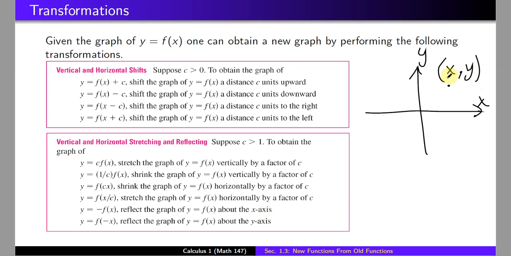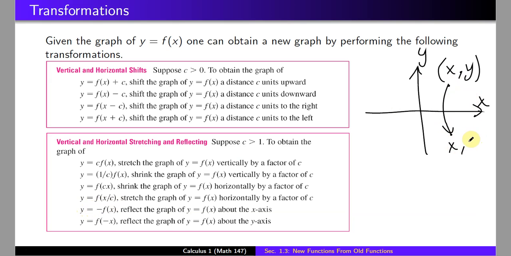What do you have to do to this coordinate? Well, you have to change the signs of the y's. Well, that's what this is doing. If you put a minus sign out front of the function, that's changing the signs on the y's, because remember, f of x represents y. So you're changing the signs of the y's, and then that's going to reflect over the x-axis.